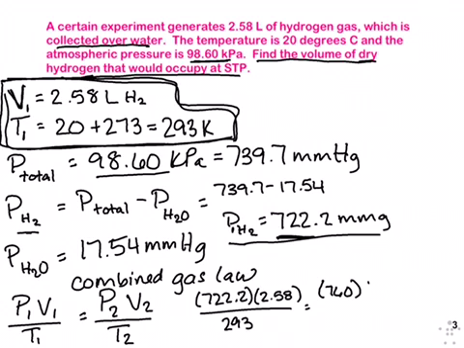It's asking for us to figure out the second volume and what is temperature at STP. 273, very good. And then you can do the algebra and the cross multiplying to get your second volume at 2.28 liters of hydrogen.